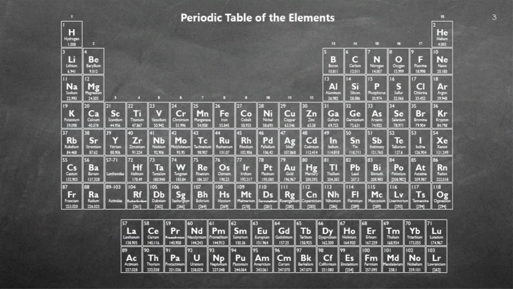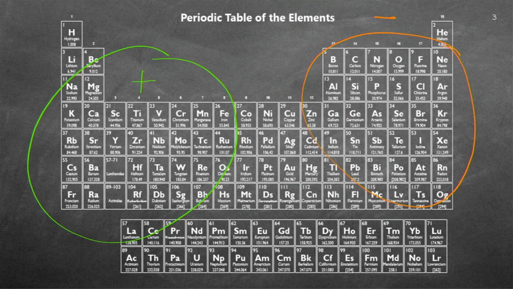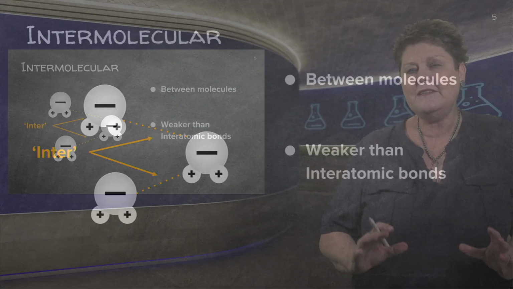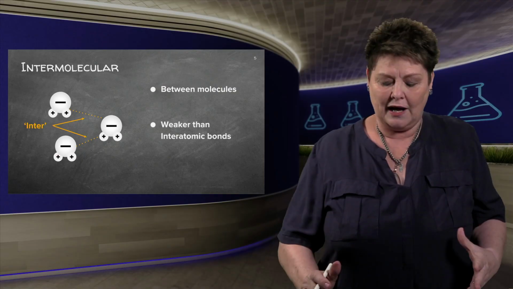In the periodic table, you can form positive ions on the left-hand side with the metals, and you can form negative ions with the non-metals on that side. So what happens if I've got an intermolecular force and I've got ions?